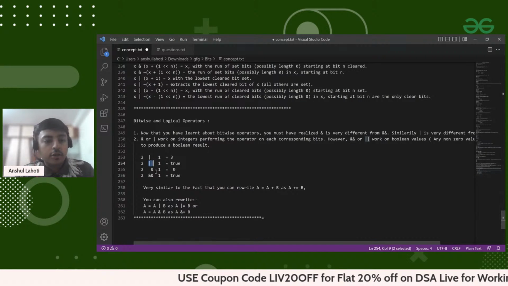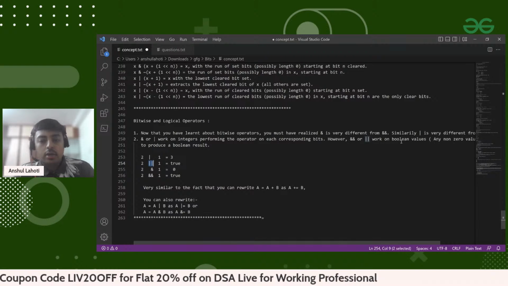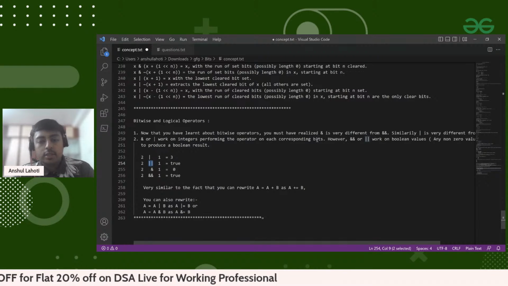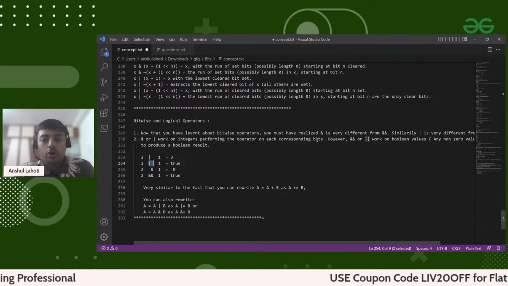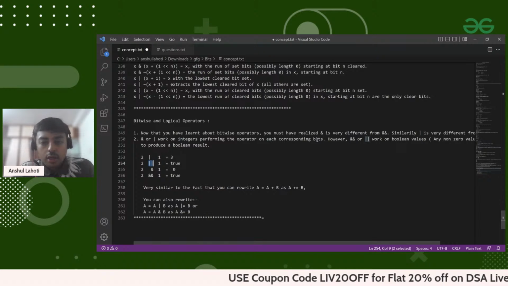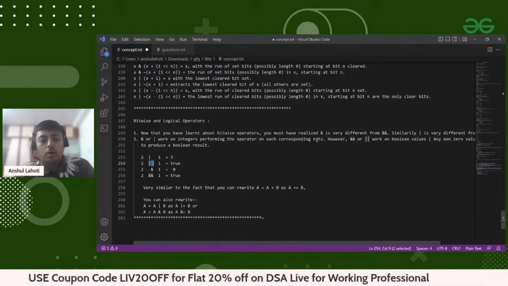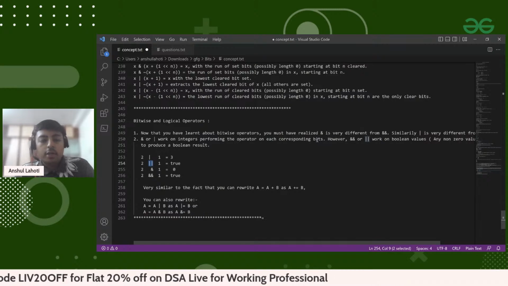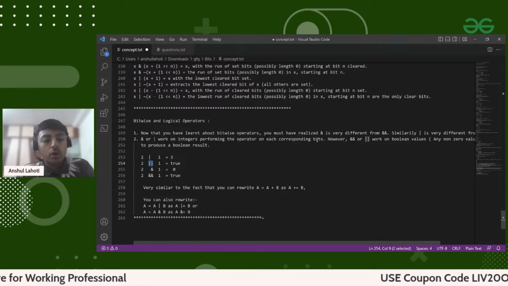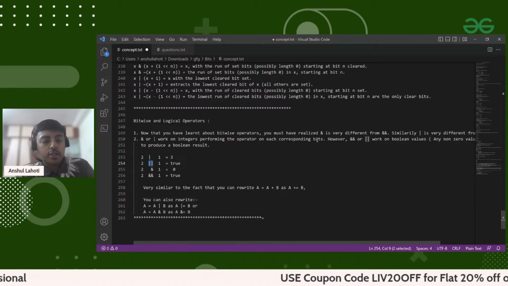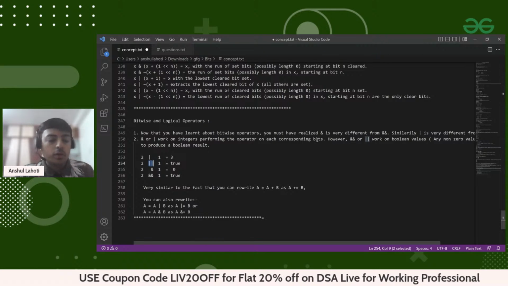The bitwise AND and logical AND are different, and similarly the bitwise OR is very different from the logical OR. In logical AND and logical OR, you get boolean values as a result. You can see 2 or 1 is true, 2 and 1 is true. You only get false when it is 0, like 2 and 0 is false. That is the logical operator for you.